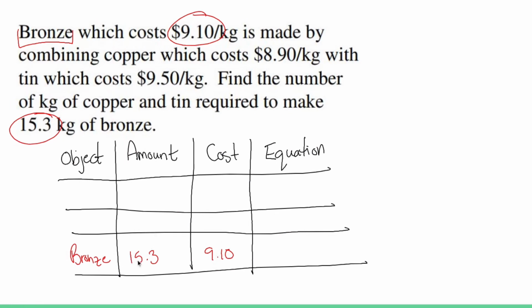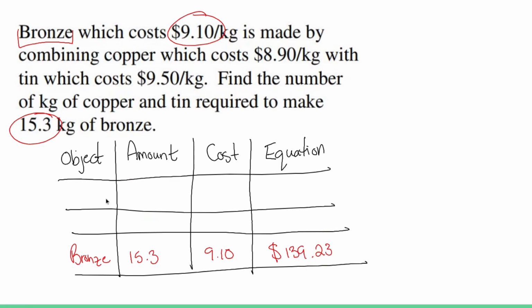So in order to come up with an equation, I need to find out how much 15.3 kilograms of bronze costs at $9.10, and I'm going to multiply those two numbers together. The number that we get is $139.23.